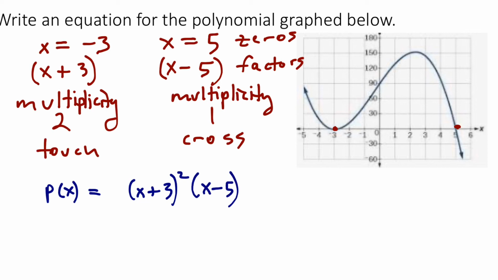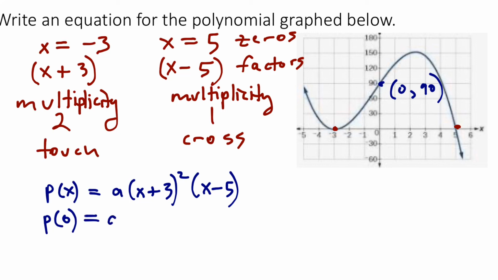What we don't know is what the coefficient is in front. So we need a point in order to figure that out. I can see that I have a point here that'll work. That's the point x is 0, y is 90. So I'm going to substitute 0 in for x to figure out what that coefficient a must be in order to make this graph look like that.